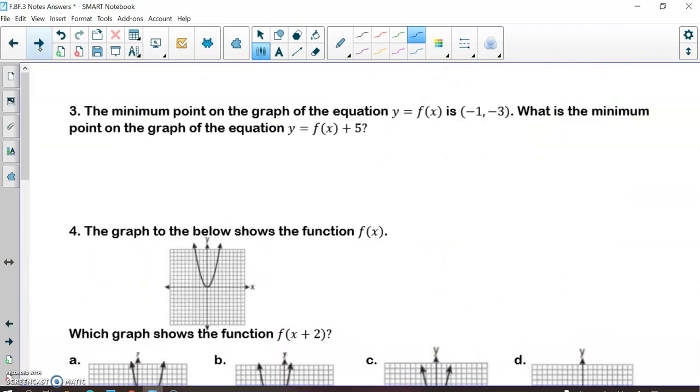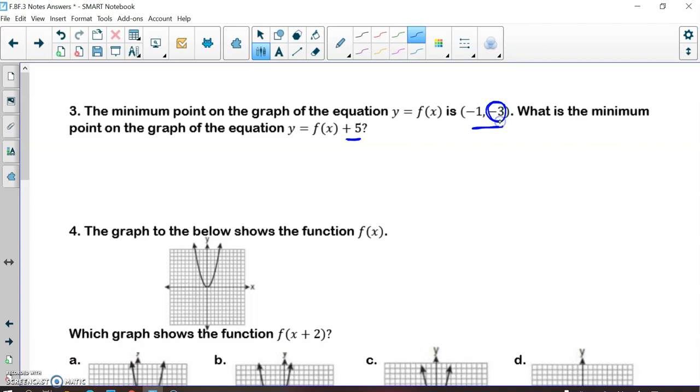Great, moving on. So the next one, the minimum point on the graph of the equation y is equal to f is this point here. We want the minimum point on the graph of the equation y is equal to f of x plus 5. Now this plus 5 is on the outside of our parentheses, so that would be a vertical translation up, and a vertical translation only affects our y value.